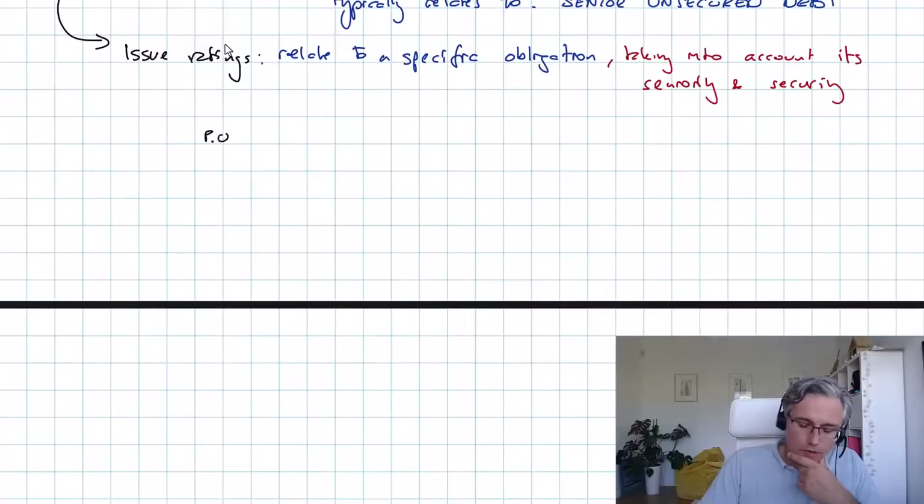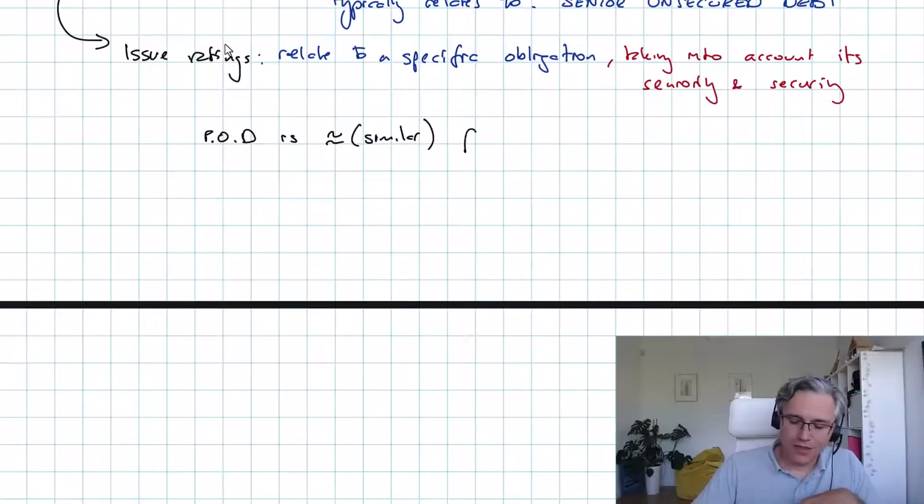The probability of default is more or less the same or similar for the issuer as such and specific issues, irrespective of their seniority ranking.